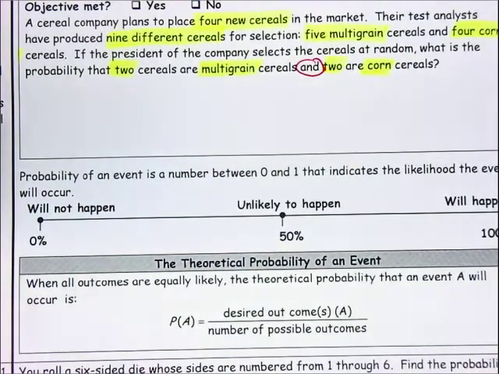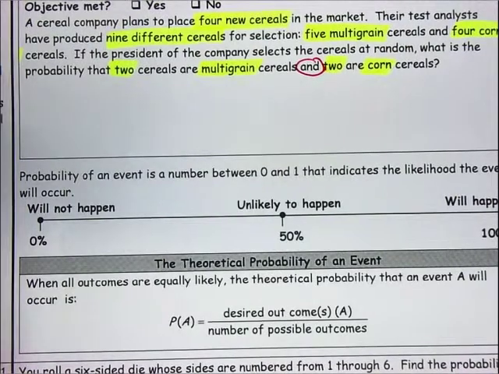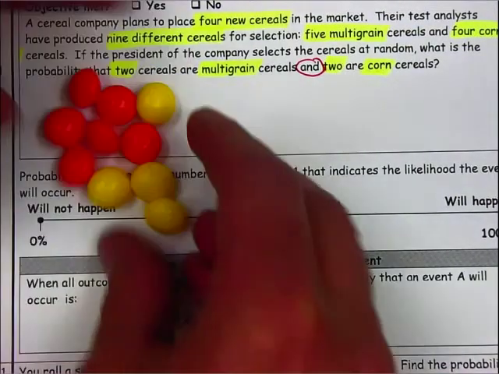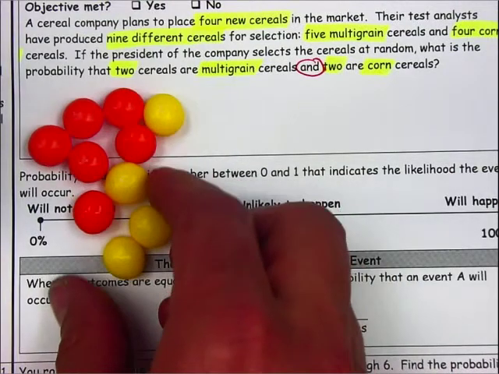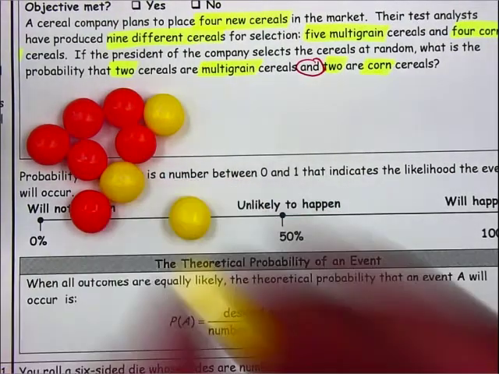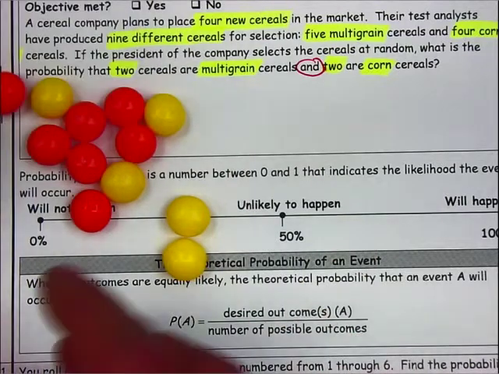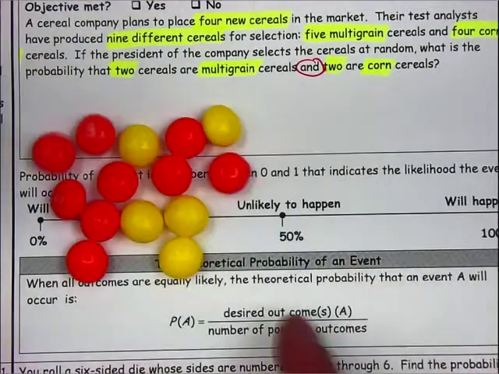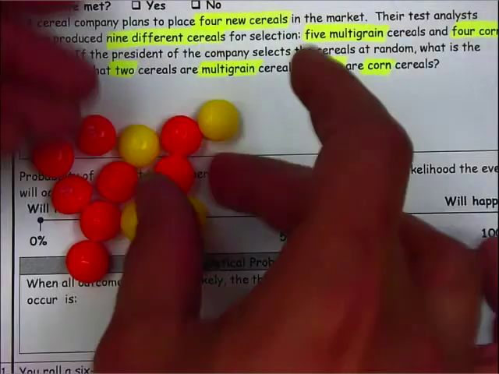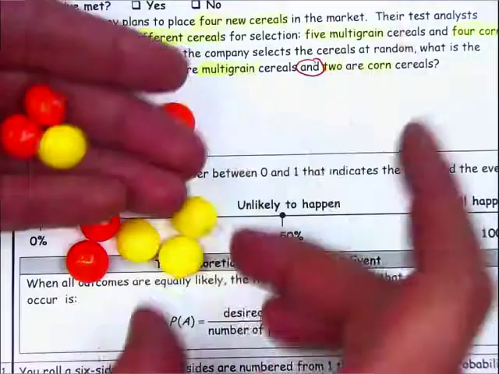Now the question is, did it tell you that we're going to select one at a time? Or are we going to select them all at the same time? Does it say we're going to select one multigrain, another multigrain, one corn, and then another corn?